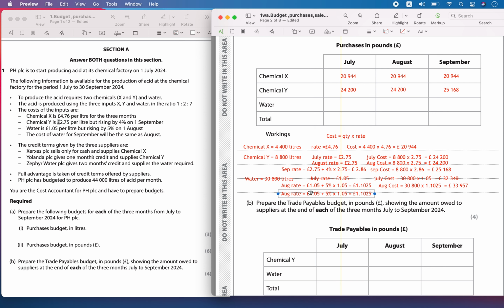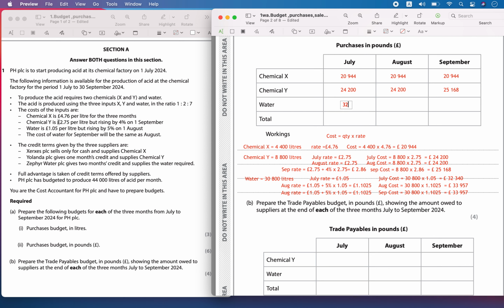The September rate is going to be the same, 1.1025, and so it will remain the same cost because the quantity is the same. So the September cost is also going to be equal to 33,957 because of the increased rate. Now let's write the water cost.